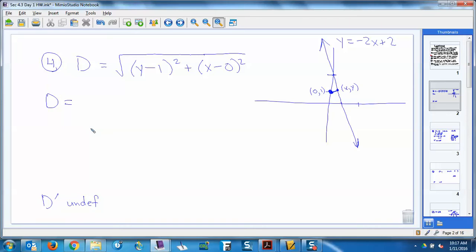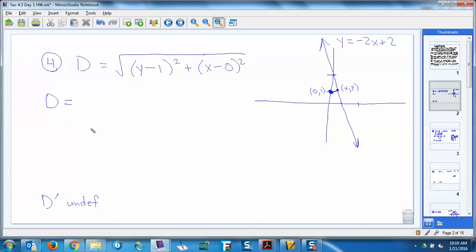If you read that problem, step 1 is identify what you're trying to optimize. In that problem, it said find a point on that line, y equals negative 2x plus 2, that is closest to the point 0, 1. So I graphed that line, and I put a point on there.